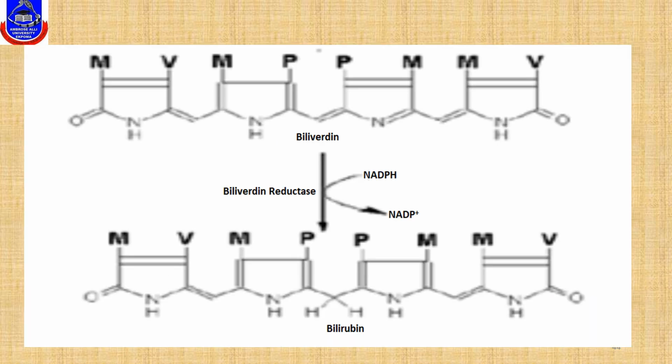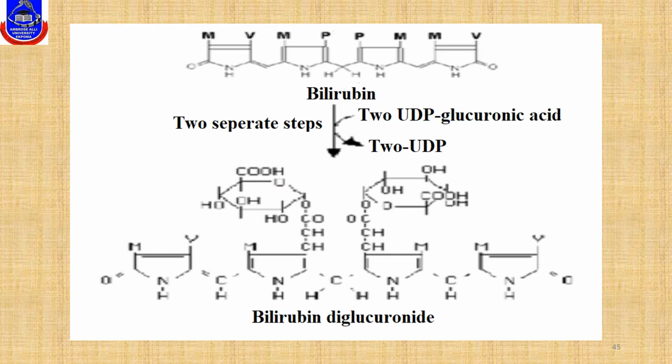Now, we also require biliverdin reductase to give us bilirubin. Now, the bilirubin is acted upon by 2 UDP-glucuronic acid in a two-step reaction to give us bilirubin diglucuronide.